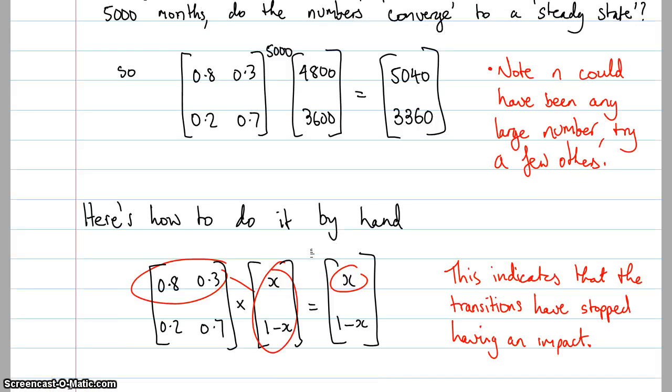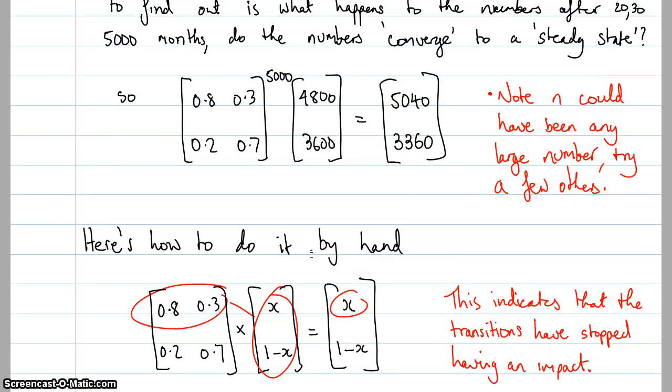Okay, so here's how to do it by hand. We've got the transition matrix here, and I'm going to multiply it by some matrix and get exactly the same answer.